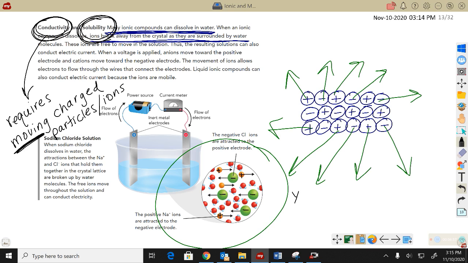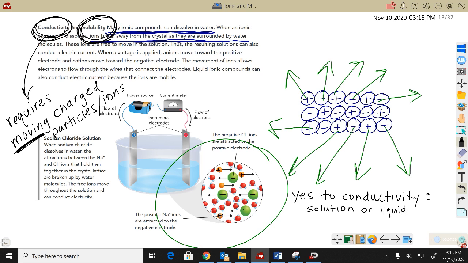Yes to conductivity when we're in solution or molten. So the ionic compound must be in solution or liquid.